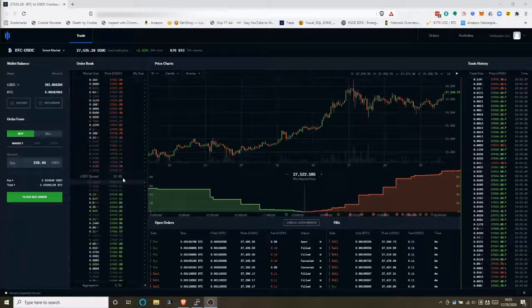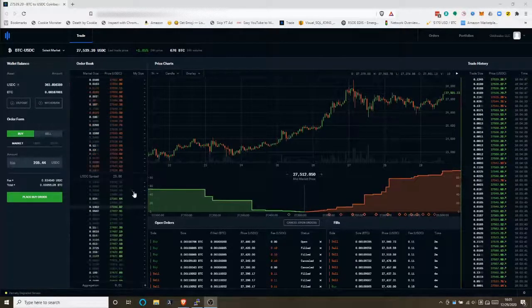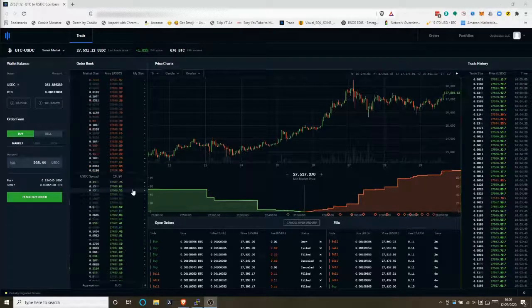So my bot tries to exploit that gap by placing orders inside of that spread and narrowing that spread. Every now and again you'll see an order go in, although I think I'm at my max. No, there's something stopping my bot from placing orders at the moment. I think the price is too high because it only places orders below a certain price.